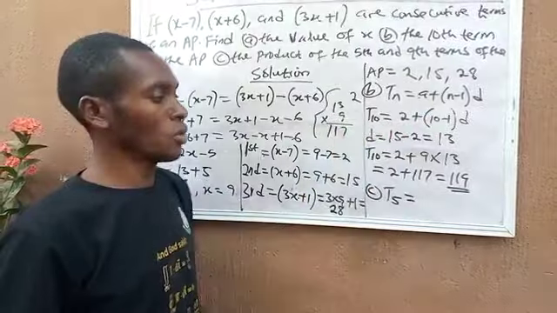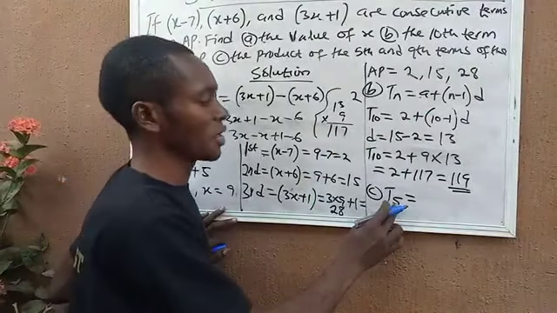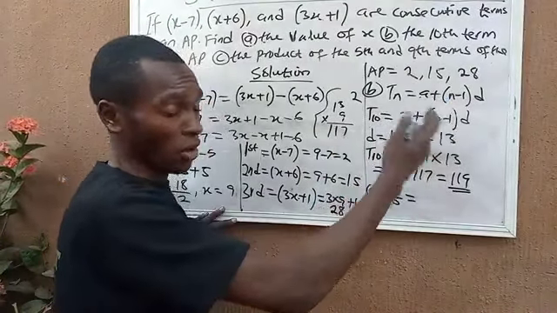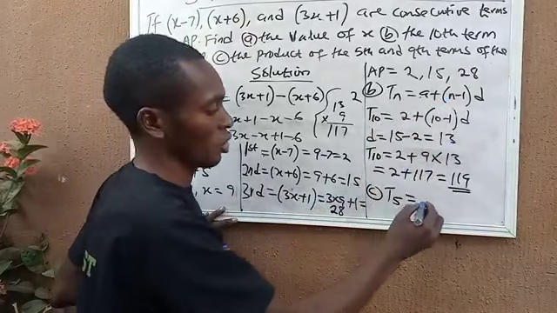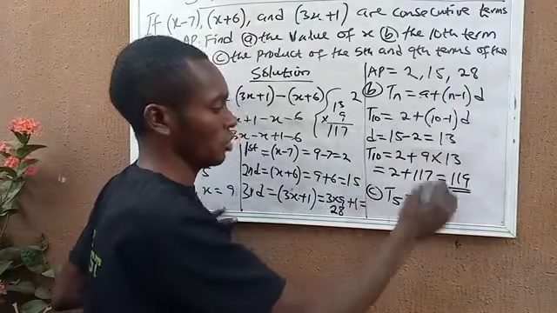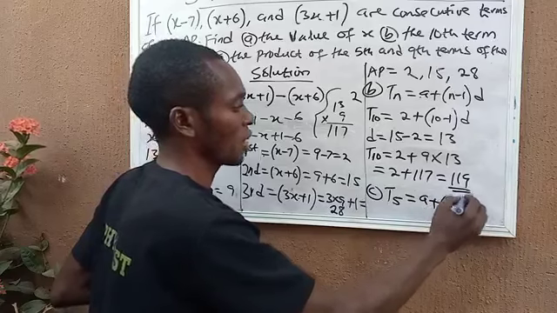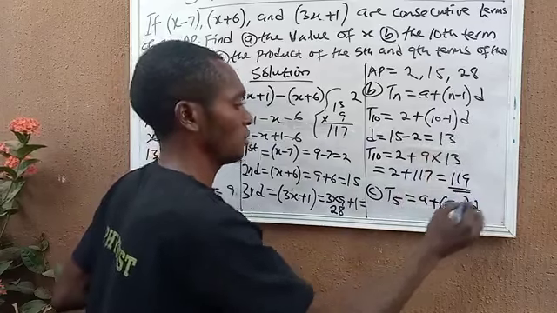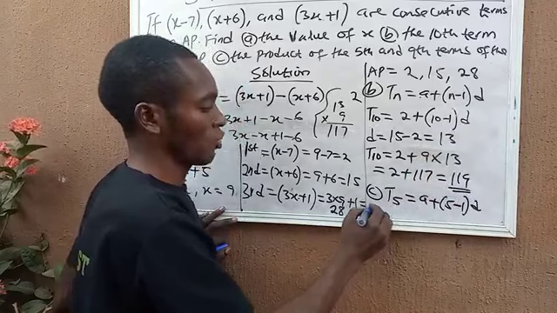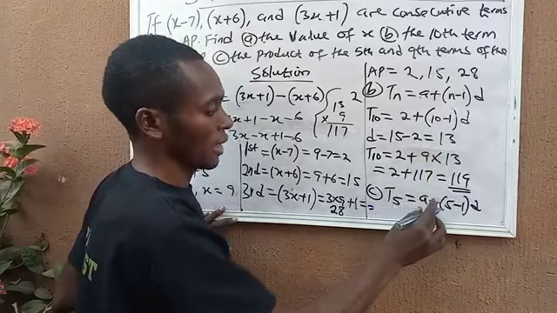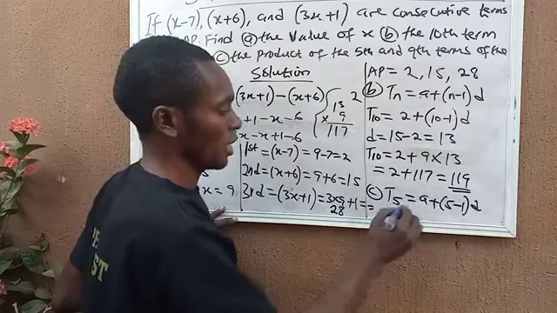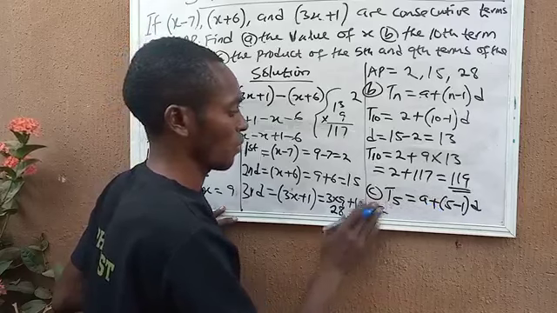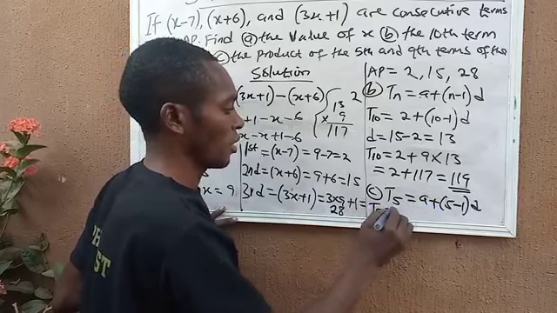It's always going to be reduced by 1. So for the 5th term, either I use this formula or use the easy way. It could also be A plus 5 minus 1, multiplied by the common difference D.